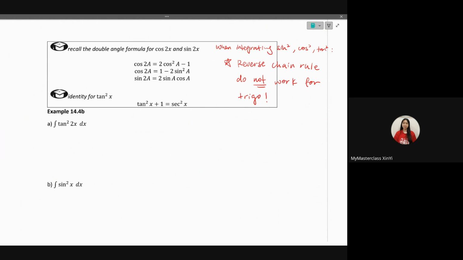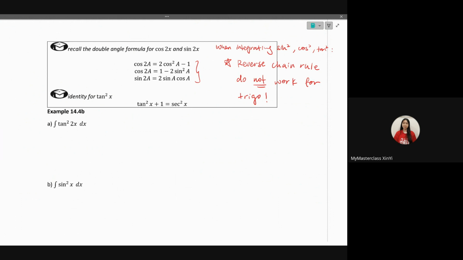So let's say I deal with sine squared and cosine squared. How am I supposed to integrate sine squared, cosine squared, and tangent squared? When I do that, I need to split them up into different functions. In that case, I need to make use of trigo identities that involve my sine squared and cosine squared functions.